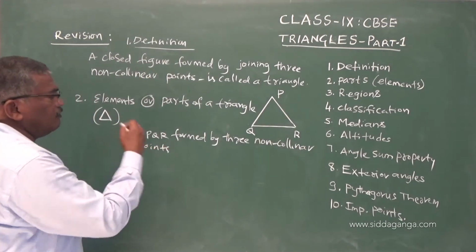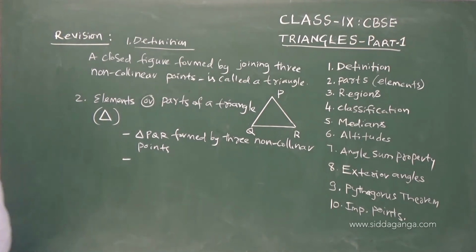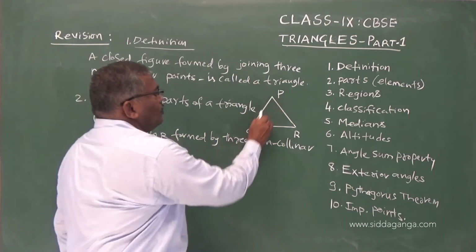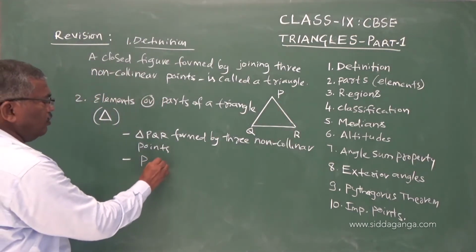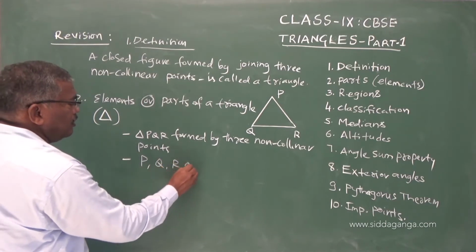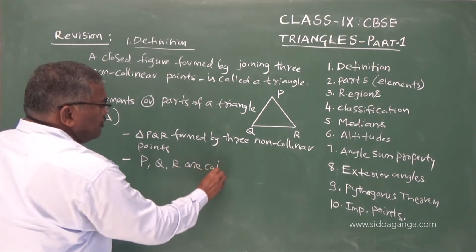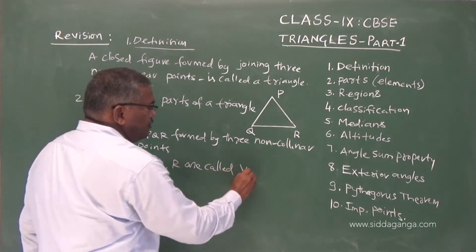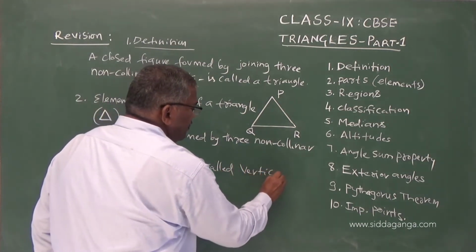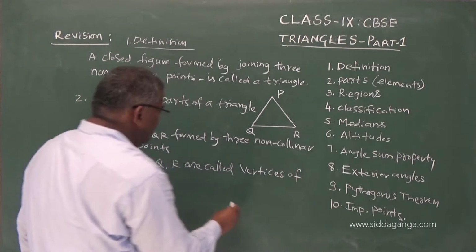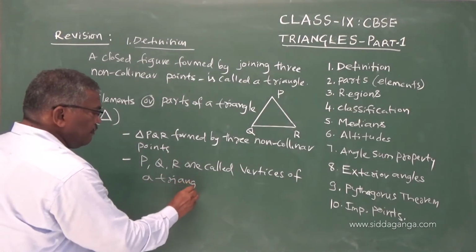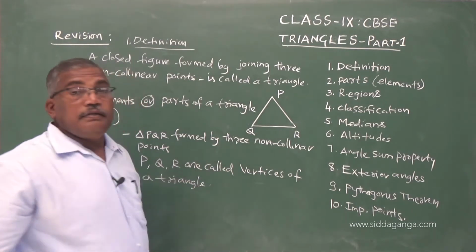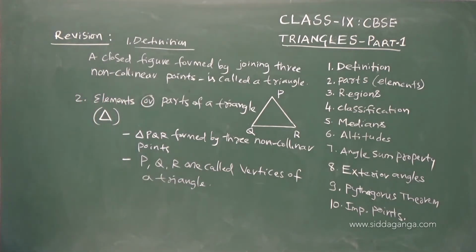So this is one thing, non-collinear points. Here P, Q, R are called the vertices of a triangle.